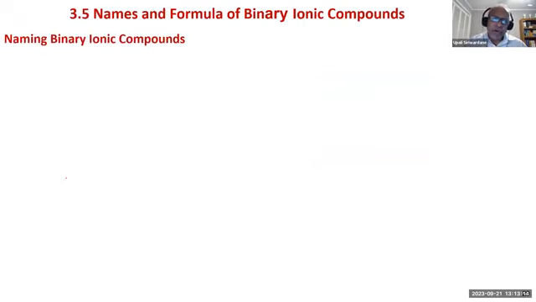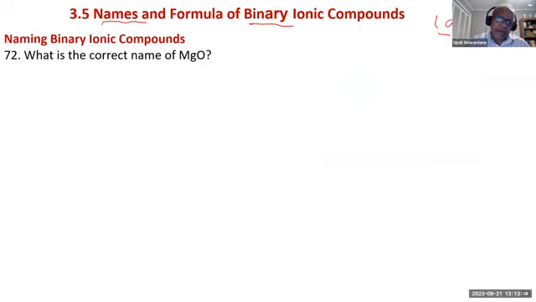Now we're going to do some naming. Binary means monoatomic, like calcium chloride, monoatomic ions, not polyatomic. What is the correct name for MgO?